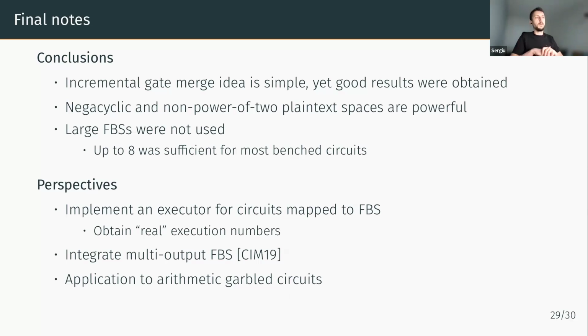Another interesting perspective is to apply these techniques to arithmetic garbled circuits, which from the optimization point of view, or Boolean circuit mapping point of view, is very similar to TFHE functional bootstrapping mapping.